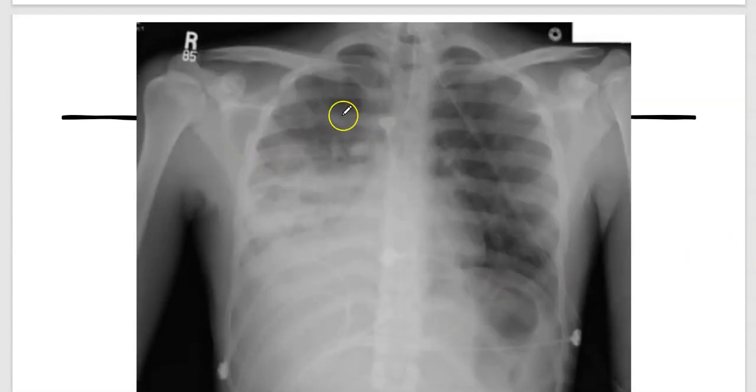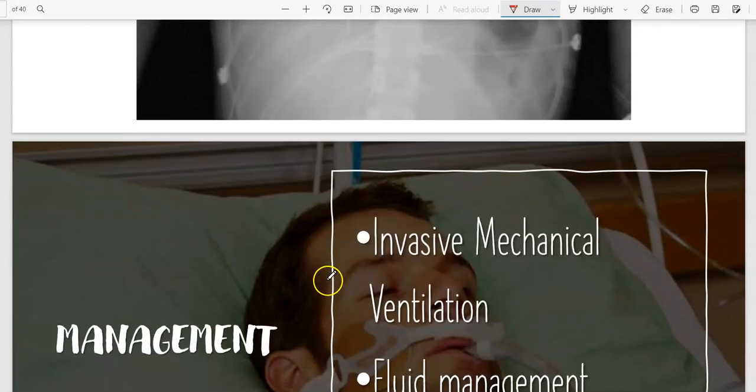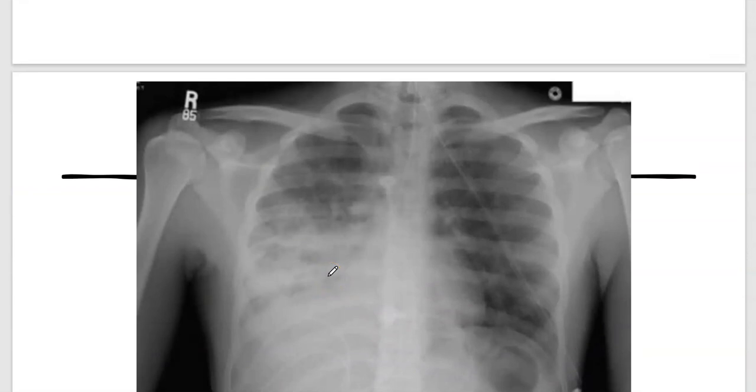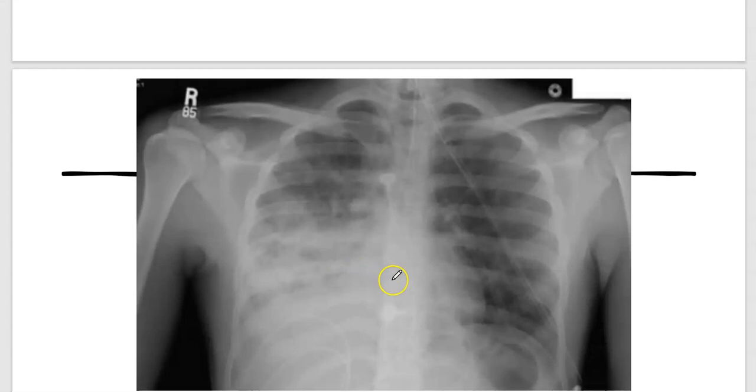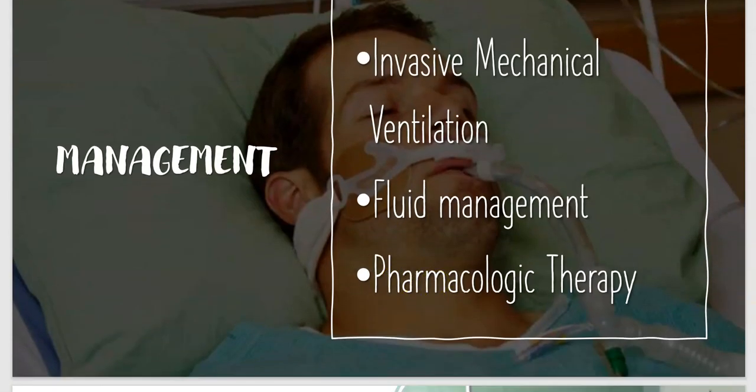Ito, look at that. Okay? And then, yes. So since your ventilation is not working, you are going to have your supportive therapy for this. As you can see, your basic non-invasive management of oxygen is not going to be working anymore.